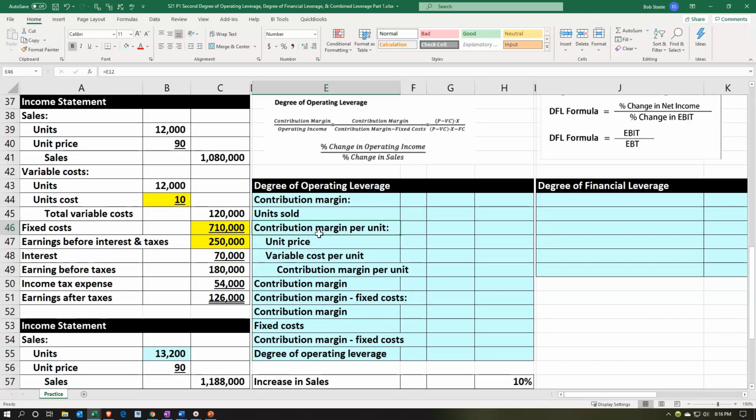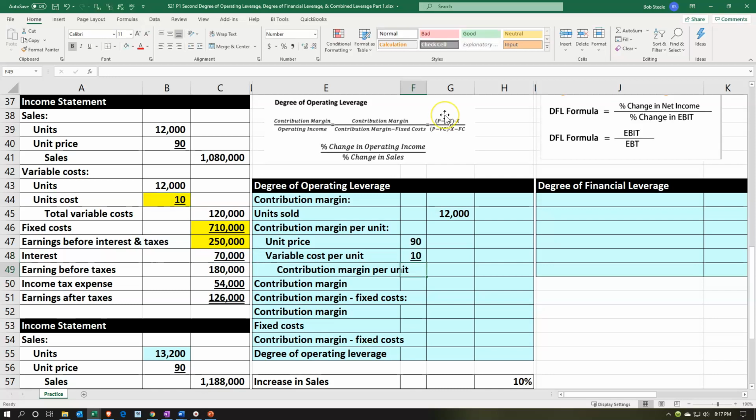Now we'll just do our same calculation here. So we've got the units sold. I'm going to put that in the middle column. Units sold are going to be 12,000. That's going to be X in our formula, you'll recall. And then we have the unit price, which is going to be the 90. That's going to be the P in our formula, and the variable cost is going to be the 10 per unit.